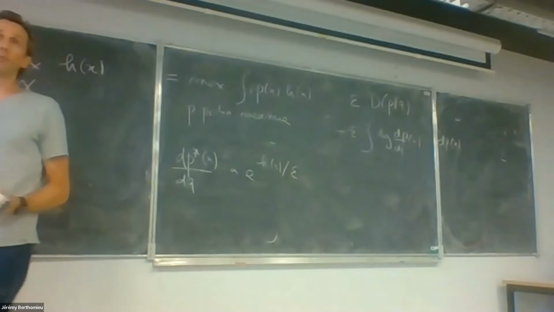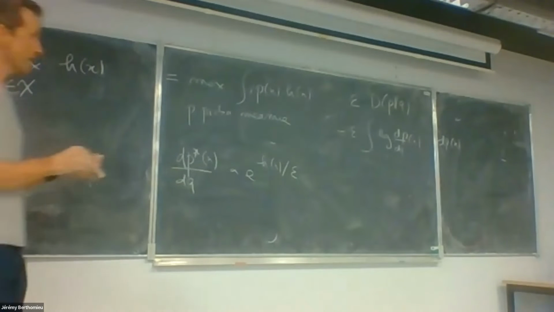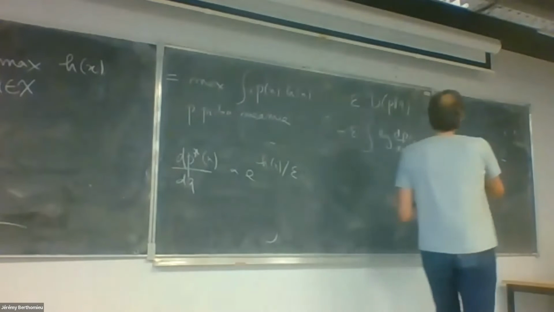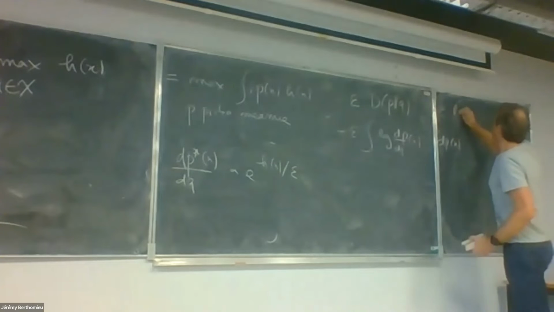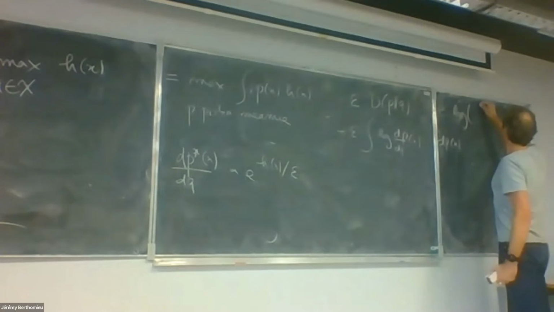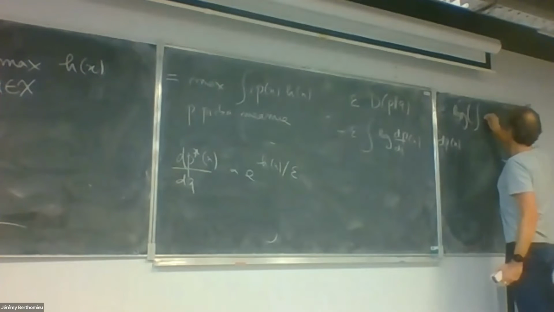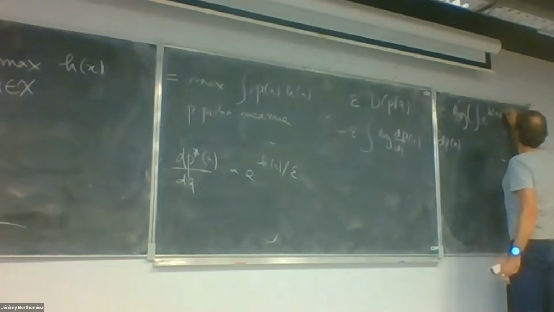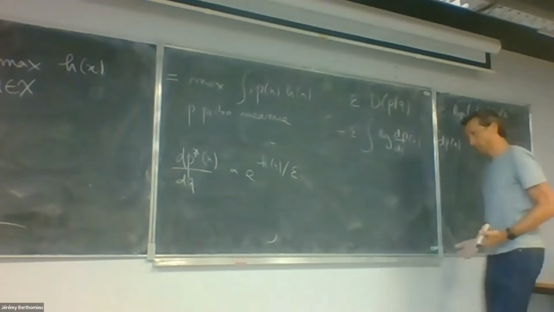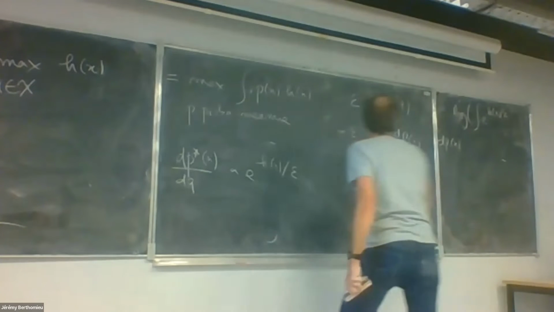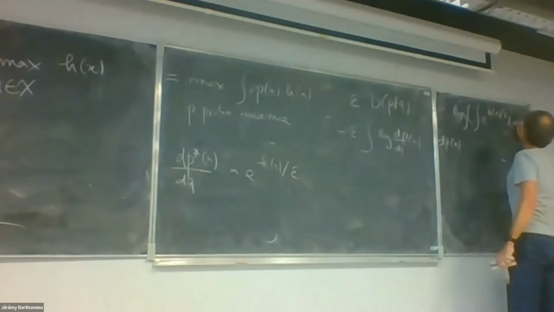This is the exact same computation, and the value of this will be epsilon log of the integral of exponential of h of x over epsilon dq.